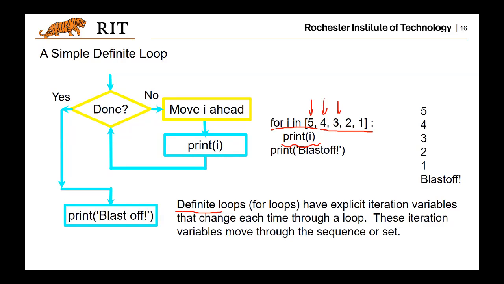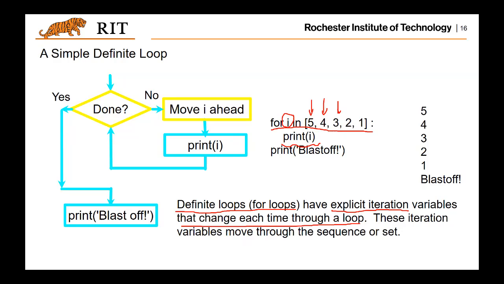So the definite loop has an explicit iteration variable, which is this I in this case, which is also the friend in the previous case. And that will change each time through a loop. It will move forward at each loop iteration, and basically until it reaches the end of the array. So that's how it works.